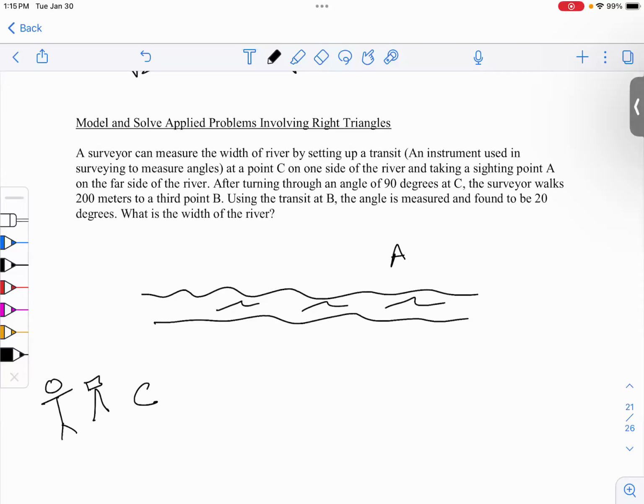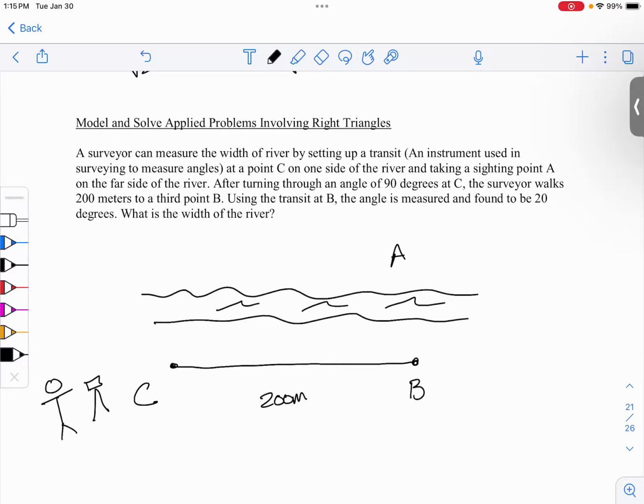Turning 90 degrees at C, he walks 200 meters to the same side of the river again. We're going to call that B. And that gave us this distance. Because the whole idea is that we can't get to the other side of the river, so we're trying to measure the river.